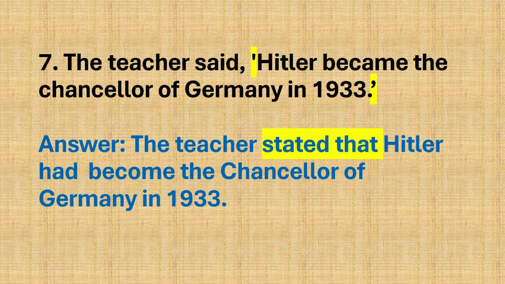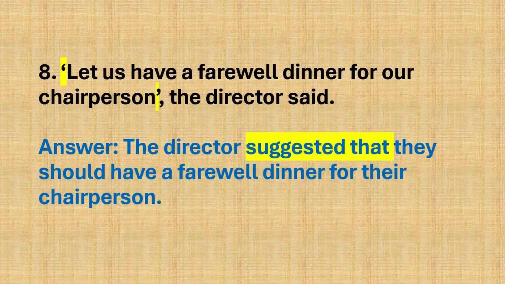Coming to reporting verb choice, stated is used as a neutral reporting verb to indicate the relaying of a fact. And in this, no pronoun change. Proper nouns like Hitler remain unchanged. And date retention: the year 1933 remains the same as it is a fixed historical reference.